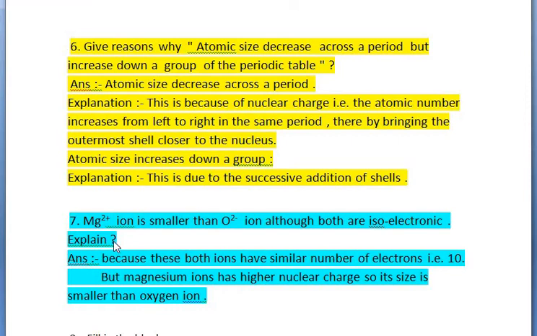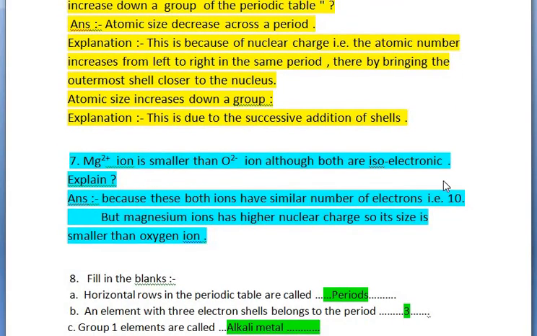Okay, next is question number 7. Mg2+ ion is smaller than O2- ion, although both are isoelectronic. Explain this. Isoelectronic ions are those ions which have a similar number of electrons. Magnesium has atomic number 12, and with 2+ charge, 2 electrons are absent, so the total number of electrons in Mg2+ is 10.